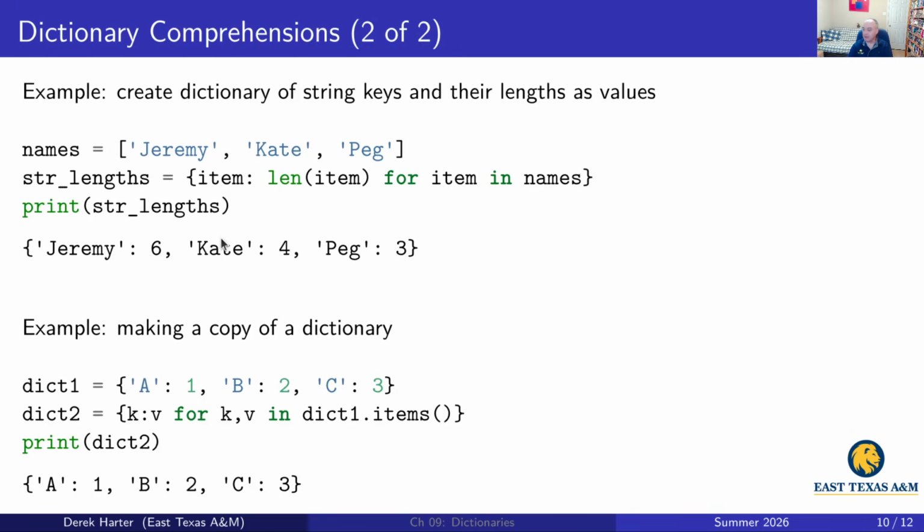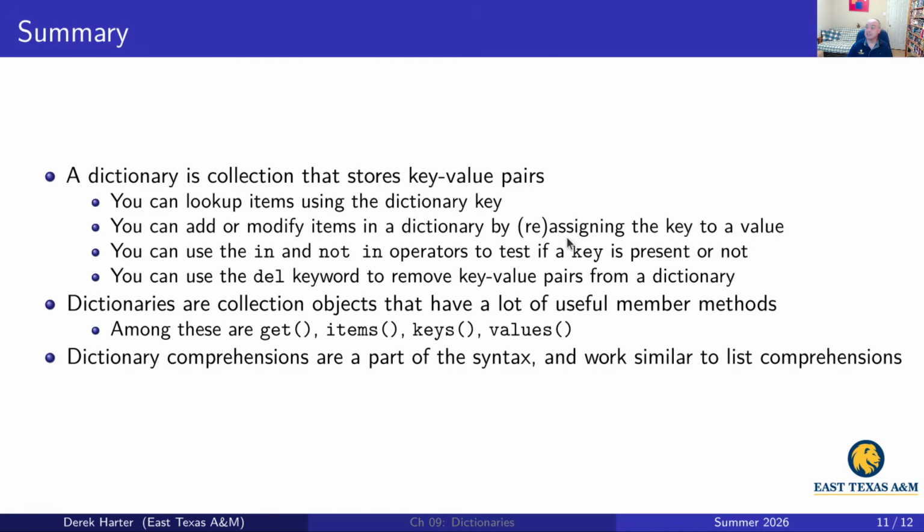You can add or modify items in a dictionary by reassigning the key to a value, or assigning a value to a key that's not already in there. You can use in and not in operators to test if keys are present or not in a dictionary. You can use the delete keyword, like we showed for other containers, to remove key value pairs.